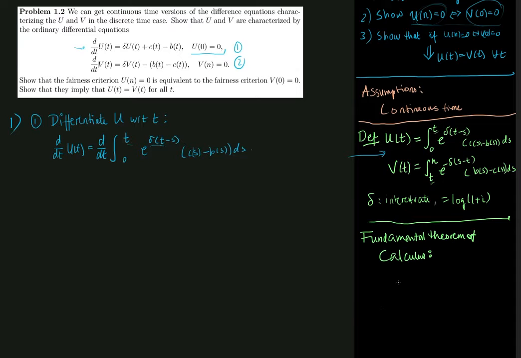So if I have a function f and I integrate it with respect to its argument up to some point t, regardless of what's in the boundary down here, it can be any a, then if I take this integral and differentiate it with respect to t, it is equal to f of t.